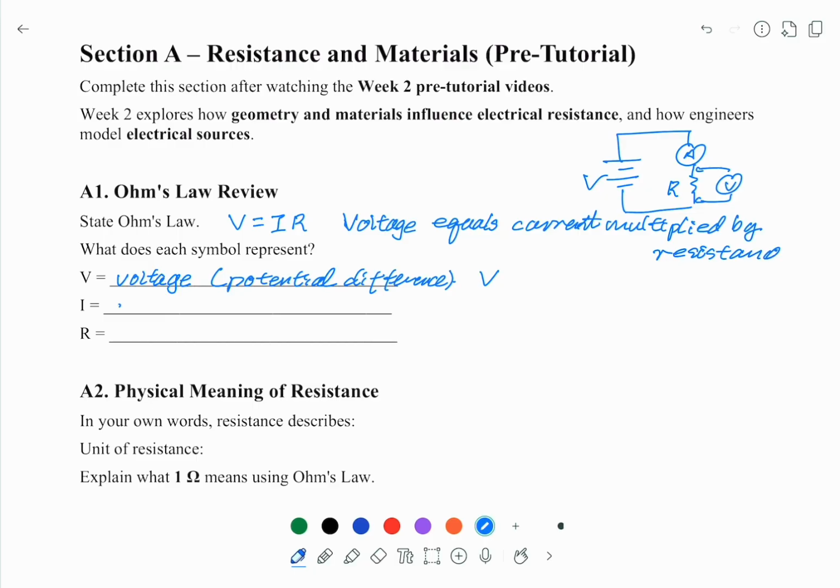I represents current, and the unit is ampere. R is resistance, and the unit is ohm.